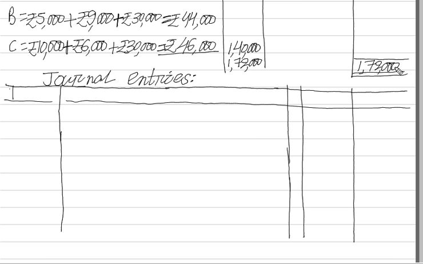This is the date, particulars, ledger folio, this is debit, rupees, credit, rupees.